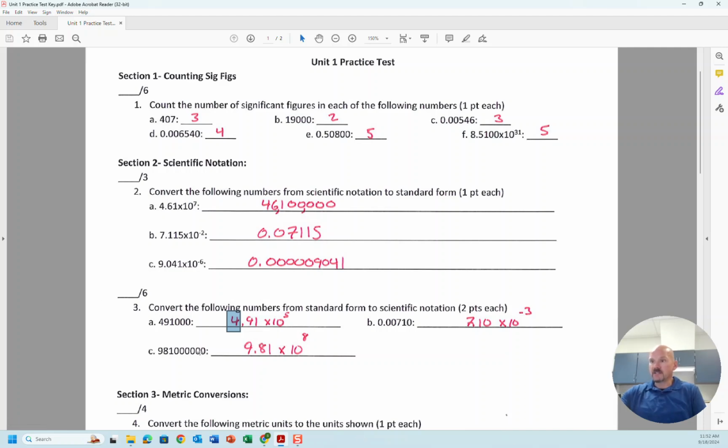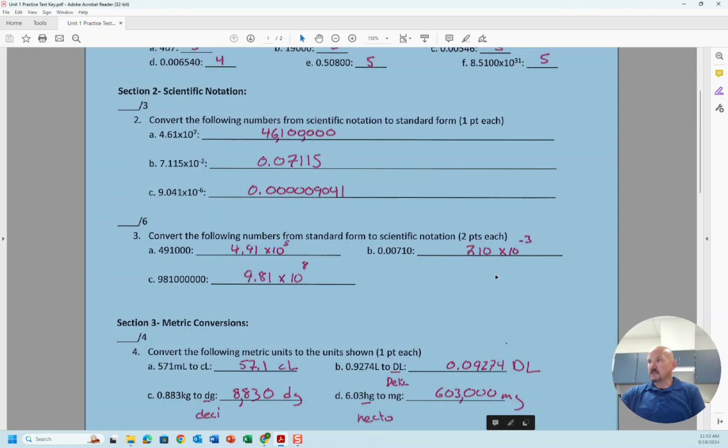So here we're moving it to the left 8 times. So that's why it's 10 to the 8th. And over here we're moving it to the right 3 times. When we move it to the right and it's a number less than 1, in scientific notation it's going to have a negative exponent. And since we have to move it 3 spaces to get it right there, it's to the negative 3. Okay? So hopefully that makes sense.